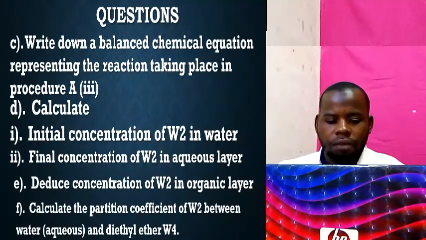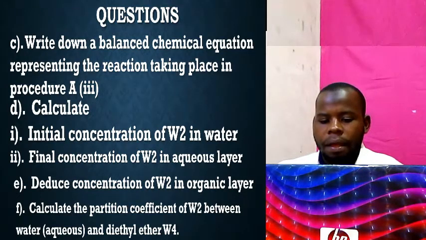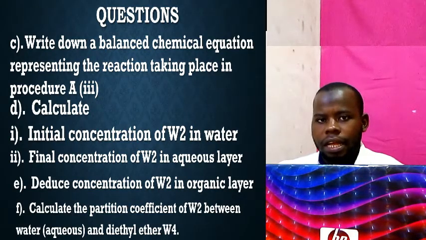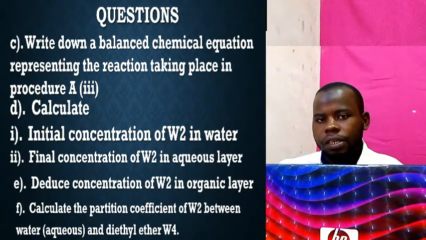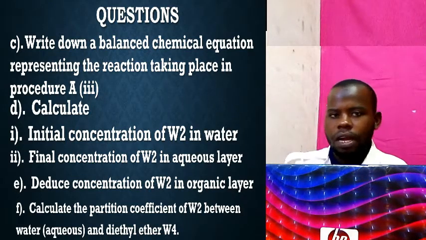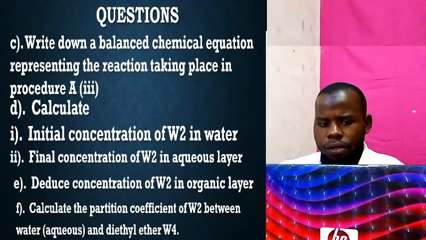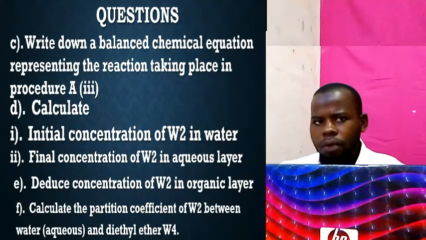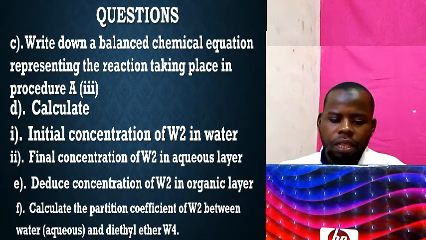With the last question, you have to calculate the partition coefficient or distribution constant between the aqueous layer and the diethyl ether: the concentration in aqueous and the concentration distributed to the organic layer. Those are questions you have to understand one by one, to know how to solve, to make clarification in your mind, and then you are going to proceed with the answers.